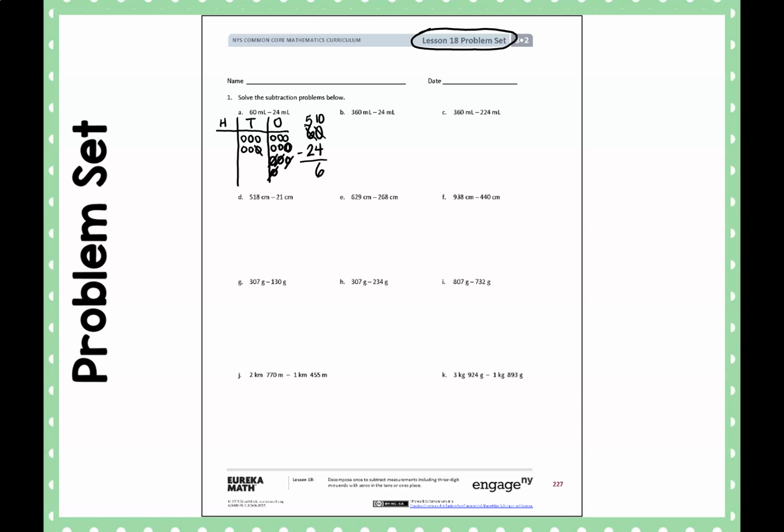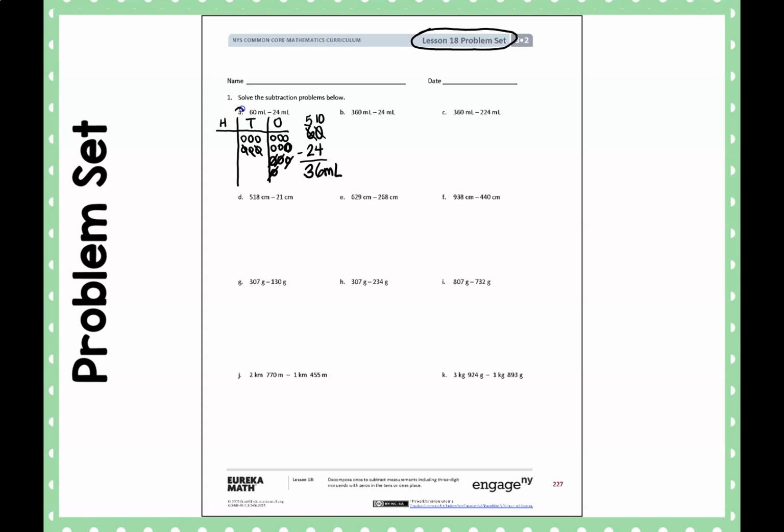So I have 5 tens, and I need to take away 2. So I'm going to cross out 2. I have 3 tens left over. So 60 minus 24 milliliters is 36 milliliters. Good job. We're going to do 2 more together.